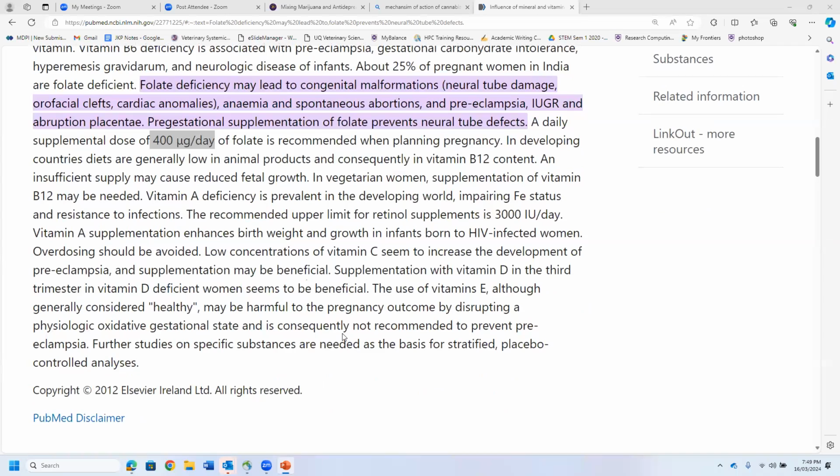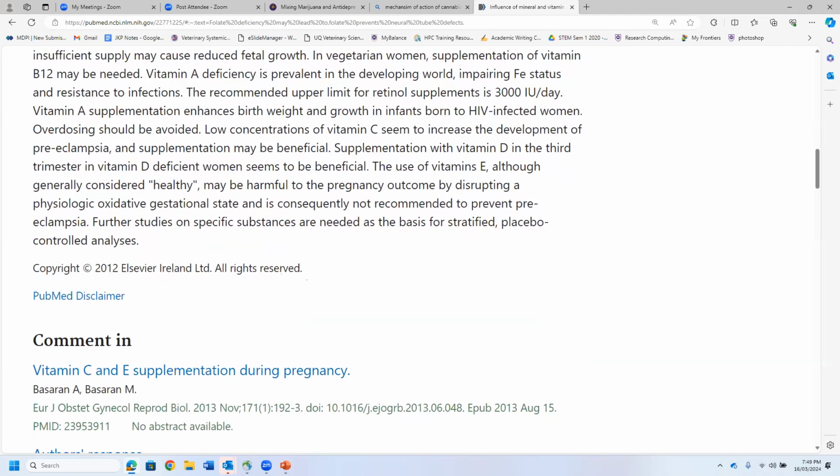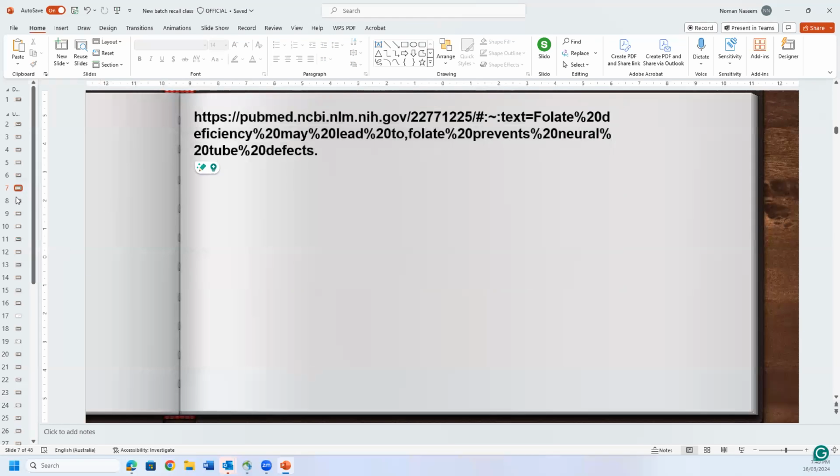It's more associated with maternal health. Vitamin E should be used carefully. Similarly, vitamin A should be used carefully because both are fetotoxic. All right. Is it clear, everybody? Pre-pregnancy, if a patient is planning for pregnancy, then 400 microgram. But if it's a high-risk patient, 5 milligram per day.